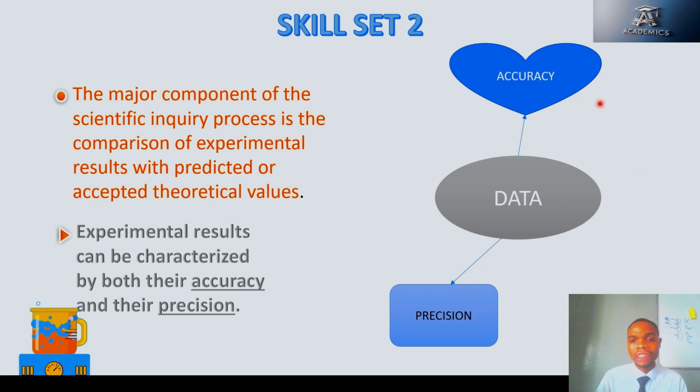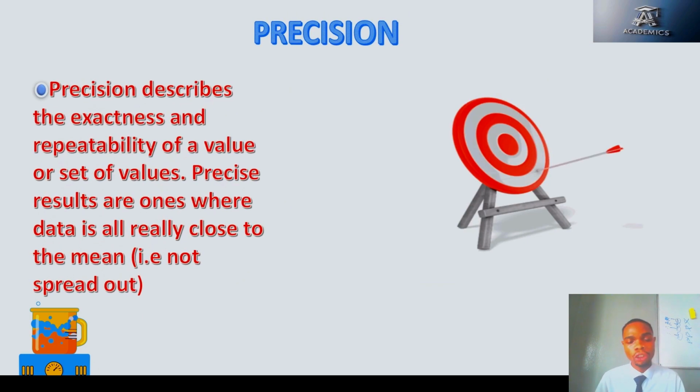So what characterizes every data or result you get when you are doing your measurement or experiment is how accurate it is, or how precise the set of data is. Accuracy and precision are what characterize every result we get in the course of our experiment or measurement. So what is precision?